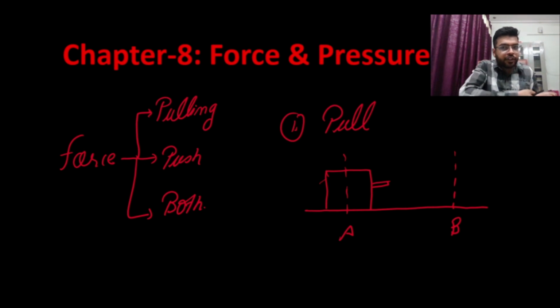While pulling, the block is moving from point A to point B. While pulling, you are trying to act the force towards your body, and while doing this you have moved the body from point A to point B. This is a pull effect, correct?